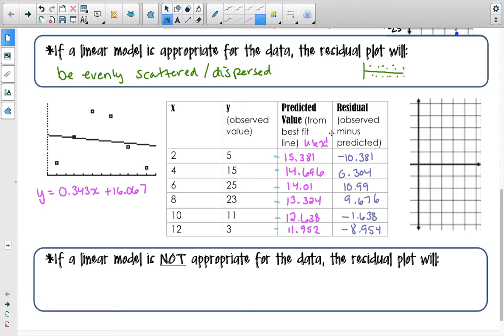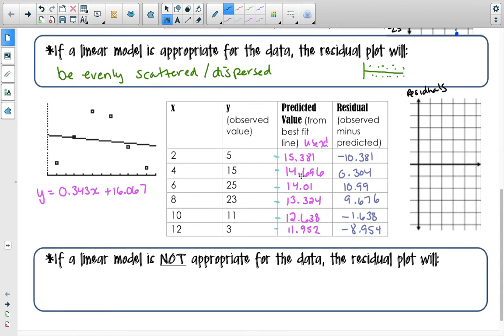So if we were to plot our residuals, we're going to look at the scale that we'll need to use for our x's, and then we will look at our new residuals so we know what to put on our y's.